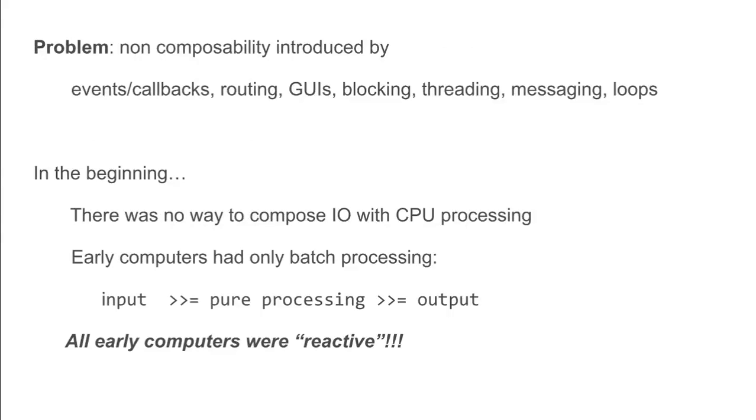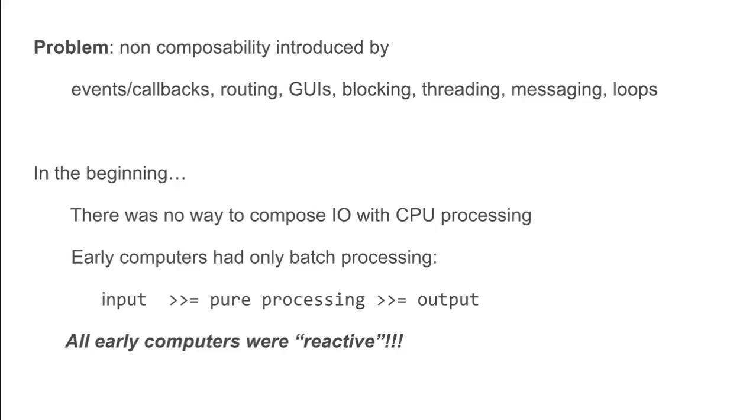The problem is non-composability. The non-composability is introduced by evil things like events, callbacks, routing in web applications, GUIs with a mouse and widgets and buttons, blocking operations like file read and write, or socket listening, threading.